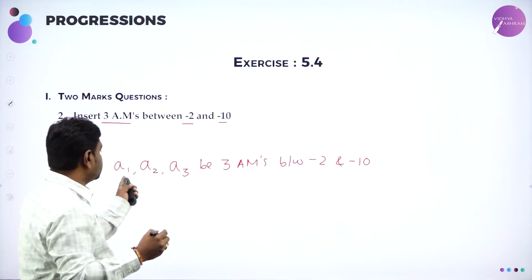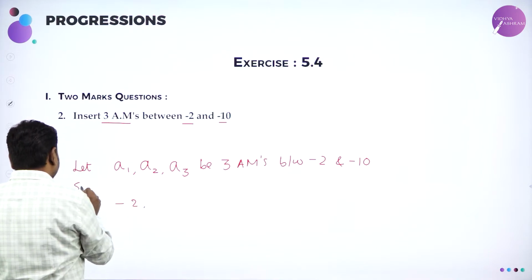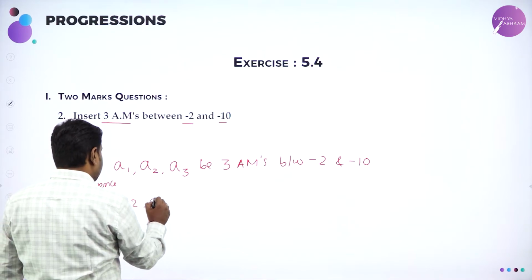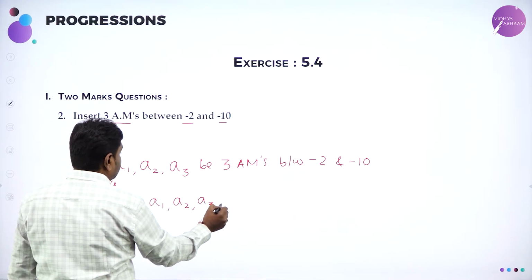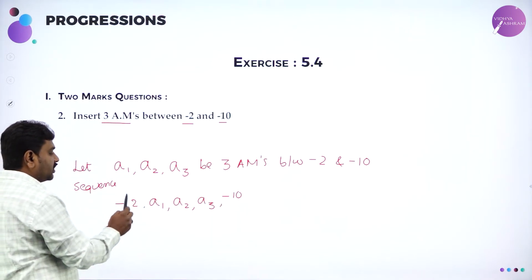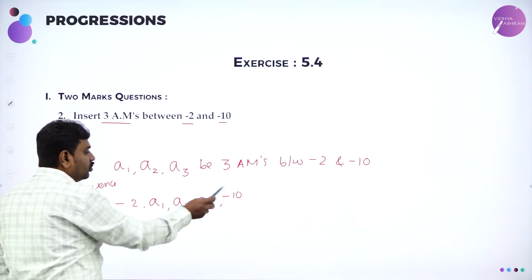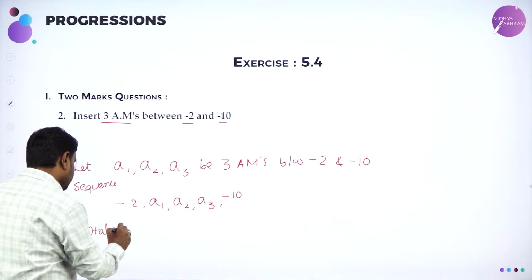I am assuming them as A1, A2, A3. So now I will write them in order. What is the sequence? You will get minus 2, A1, A2, A3, the 3 arithmetic means, and the last number they give, minus 10. See, dear students, totally how many terms are there? 1, 2, 3, 4, 5. So 3 we introduced, already they gave 2, so 3 plus 2, total number of terms.